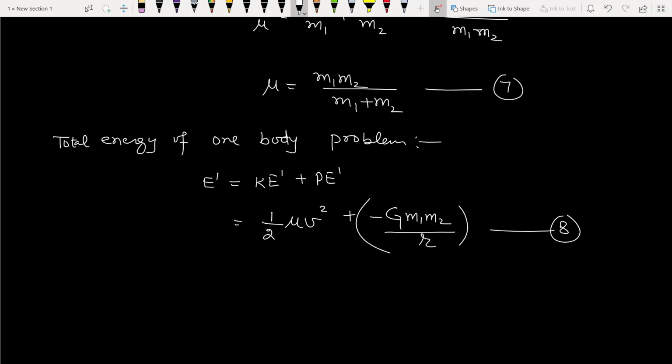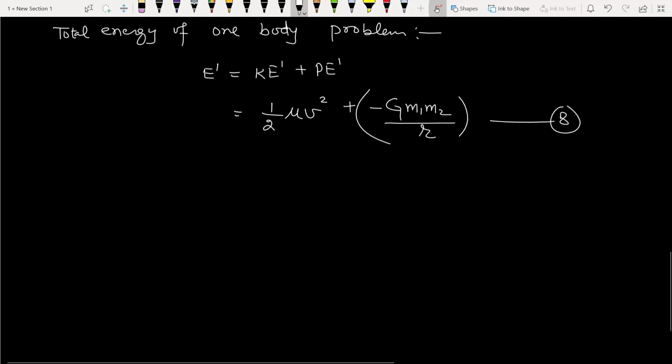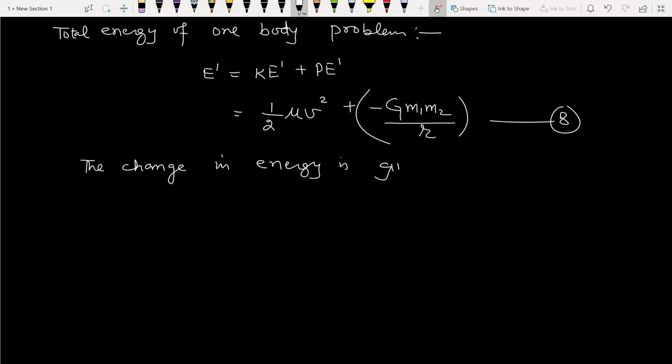Now we will find the change. Before that, we can substitute the values now or later, that is your choice. The change in energy, delta E, is the two body problem energy minus the one body problem energy.